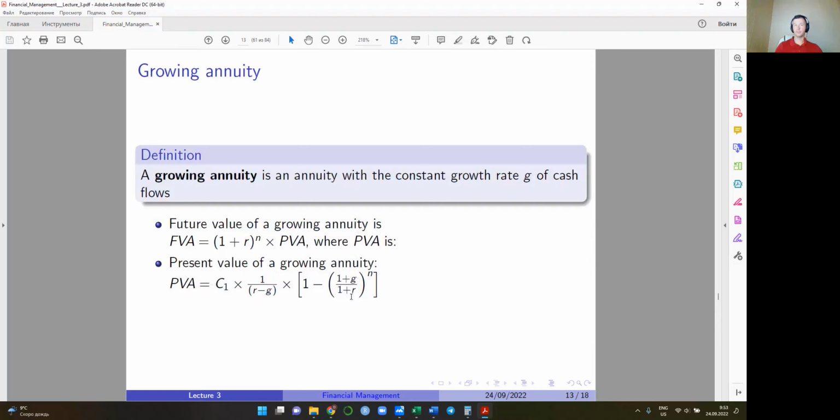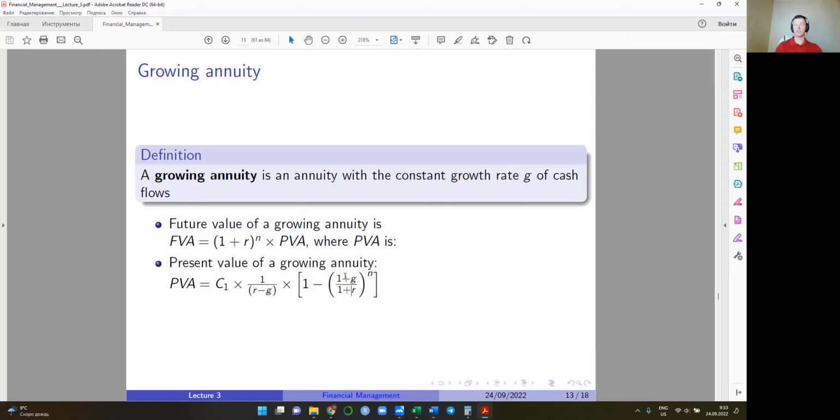So this part, when n goes to infinity, goes to 0. And this is why the condition r greater than g is necessary, because when r is greater than g, here you always have a number less than 1.